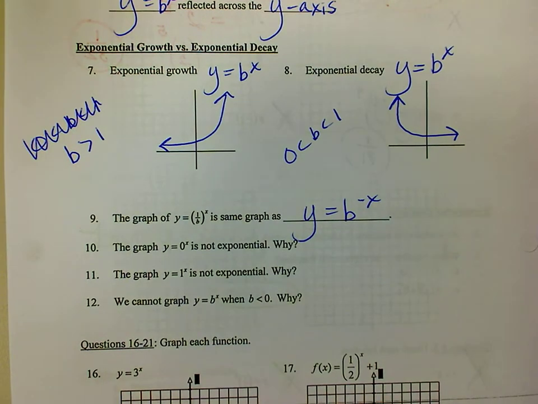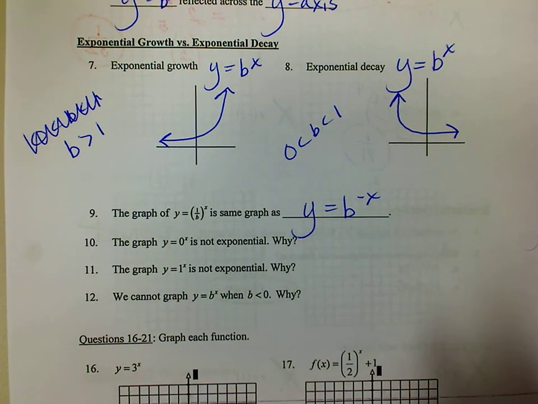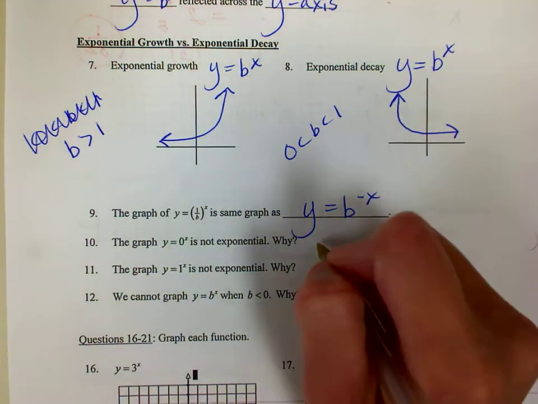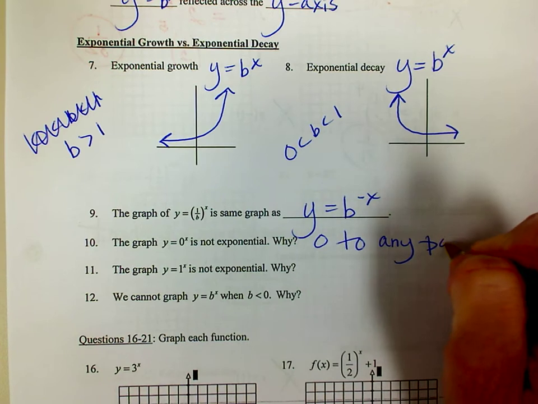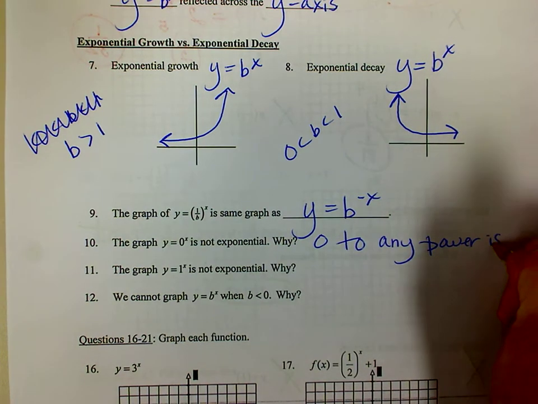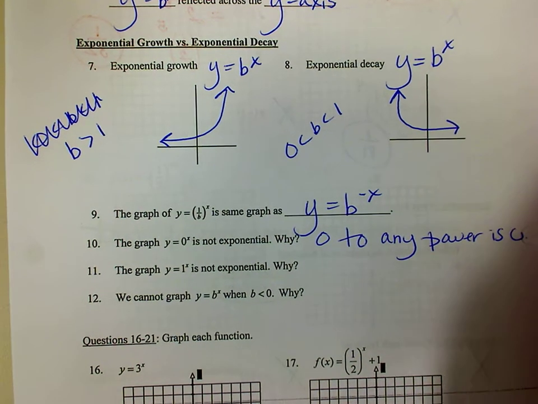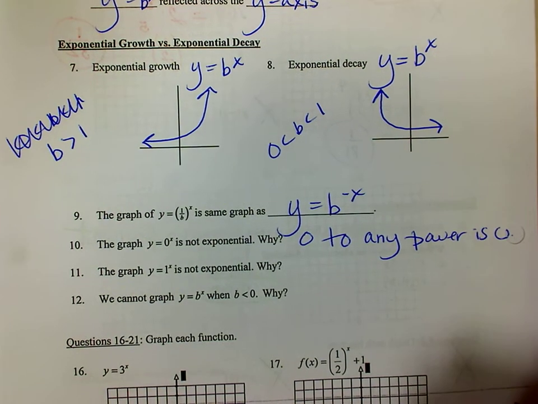Okay, so the reason why this is not exponential is because 0 to any power is 0. So it wouldn't be growth or decay, it would kind of stay flat.